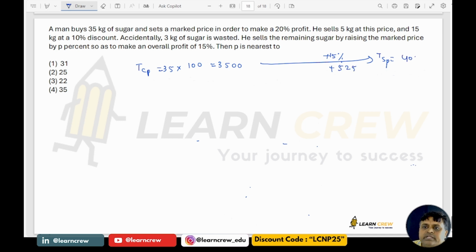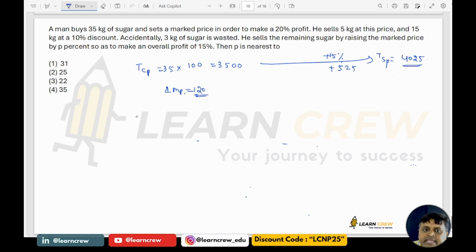Thereby 4025 has to be the overall selling price. Now it is given that the market price is 20% above. So market price of 1 kg is 120.